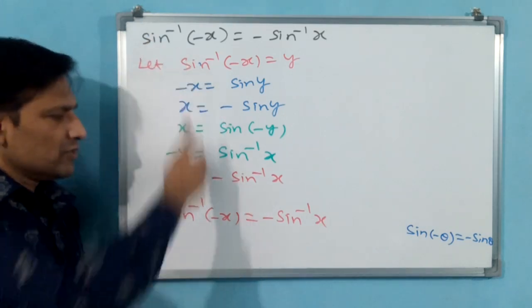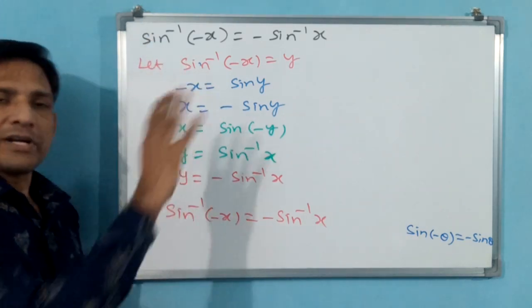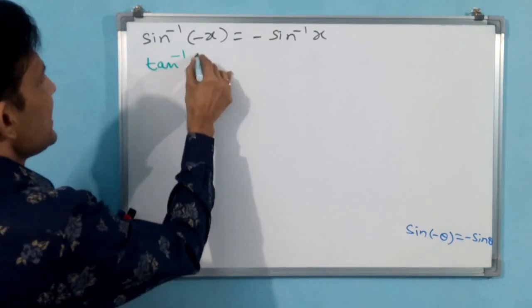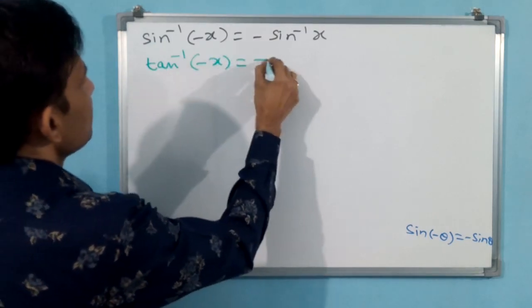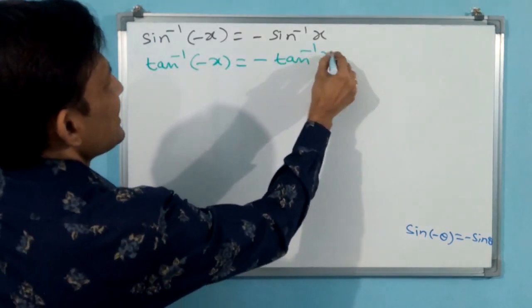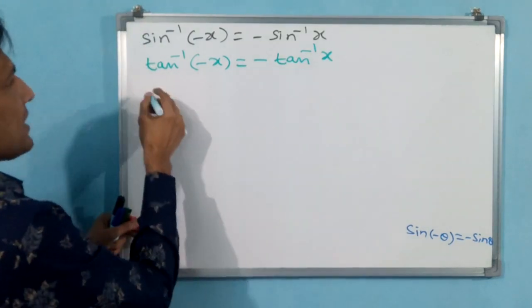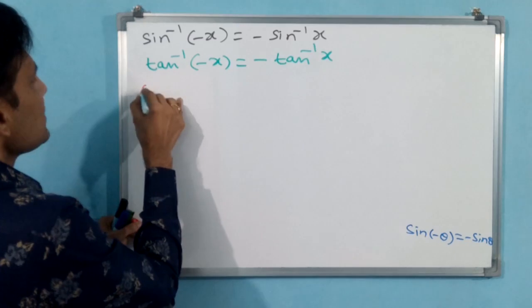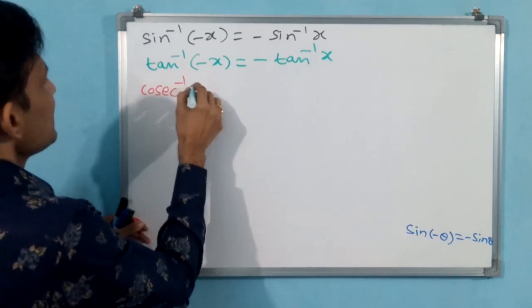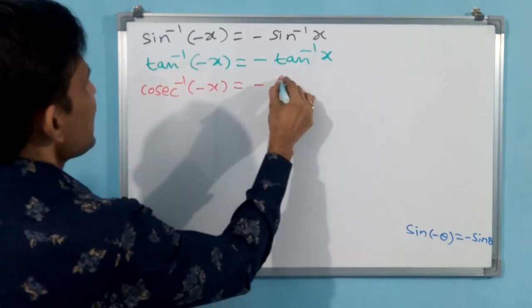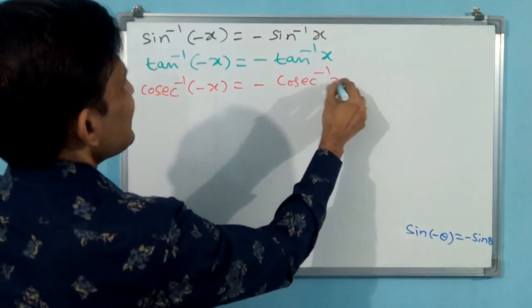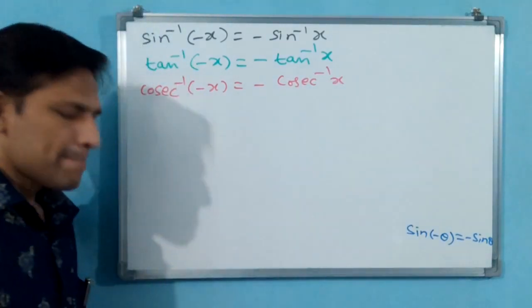First you note down this one, then I will write the remaining two. After sin, tan inverse of minus x is equal to minus tan inverse x. This will be the second property. Now cosecant: cosecant inverse of minus x is equal to minus cosecant inverse x. You understand now?